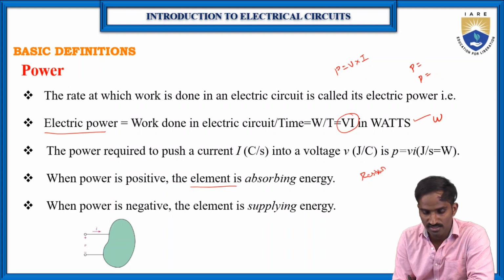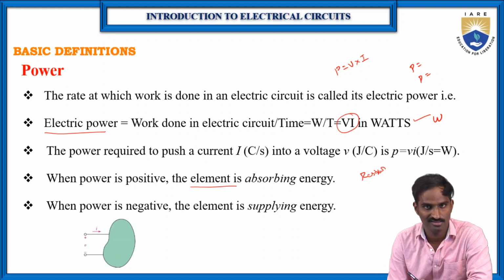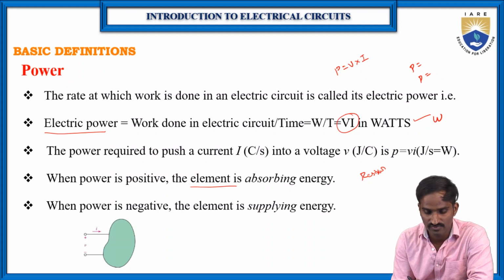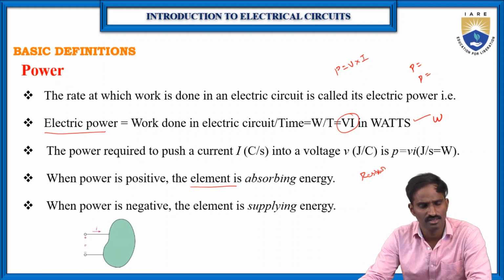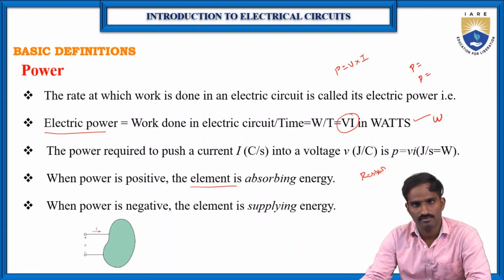In the negative case we should not consider the element a resistor, because a resistor should not supply energy. So let us consider the element to be either an inductor or a capacitor. At this point we don't know the purpose of the resistor, inductor and capacitor, so it is difficult to understand why we consider each one.